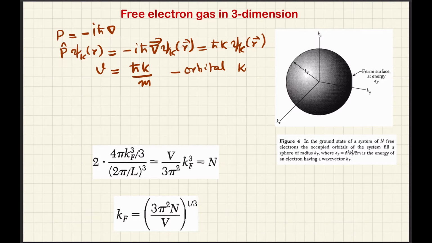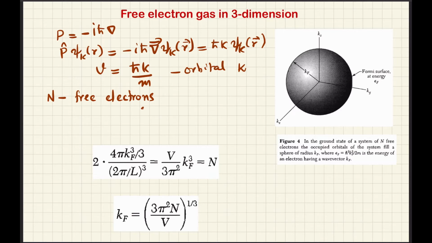Now, you take an n electron system. You take n free electrons and try to fill up the energy levels of the 3 dimensional system. You have to follow certain rules here. We have done this before in the 1 dimensional case, and here you have to see what an orbital means.